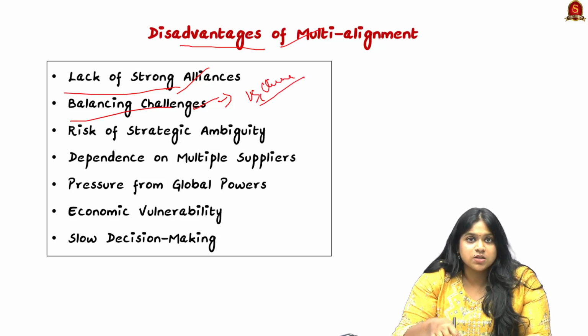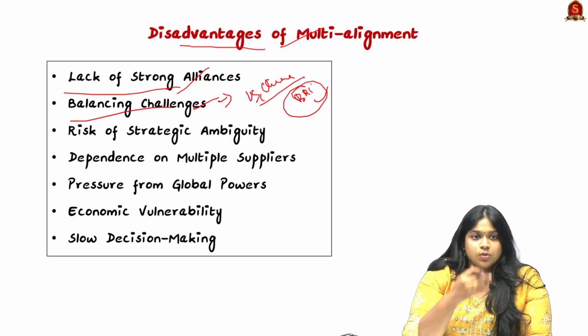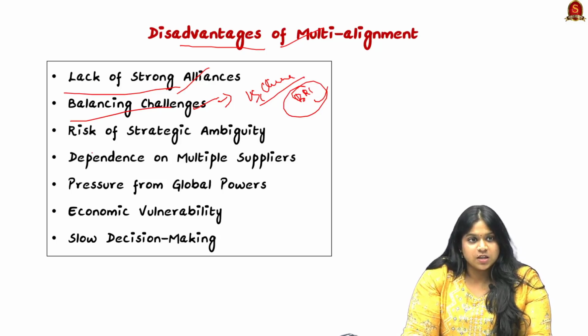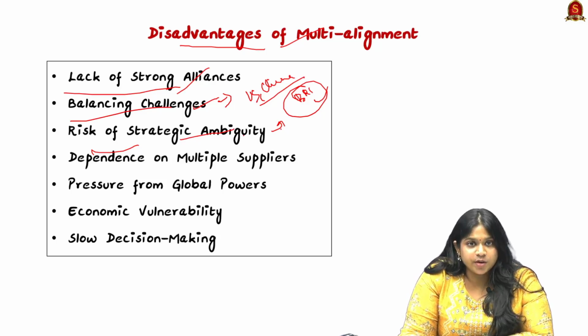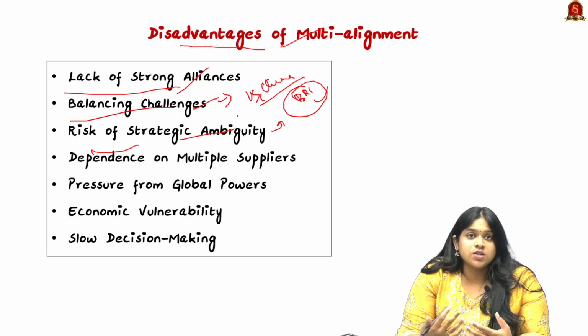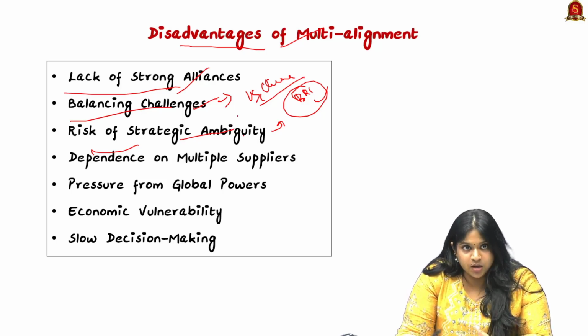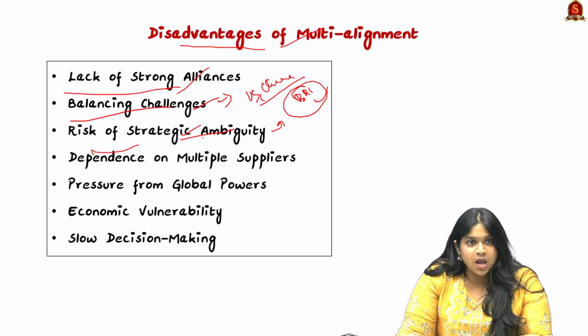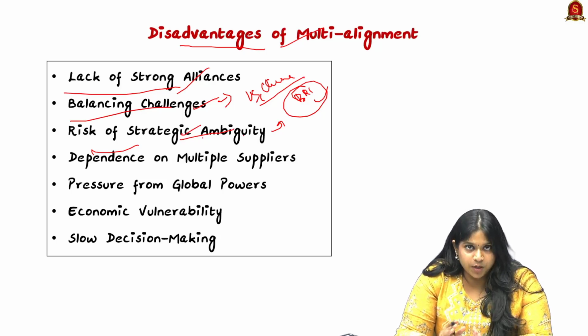So through balancing issues such as the BRI project, we need to balance a lot of challenges. Then risk of strategic ambiguity. So having multi-alignment relations leads to us having different strategies for different countries. So it leads to ambiguity and not having one particular plan.